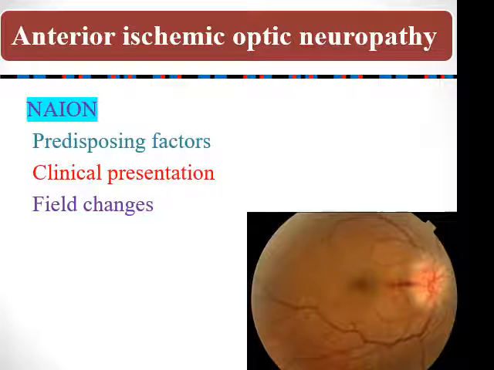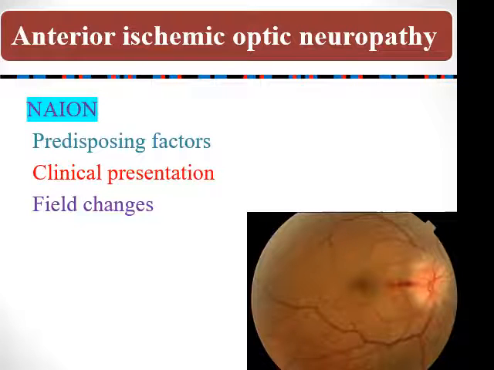Hypertension is a very common predisposing factor for non-arthritic anterior ischemic optic neuropathy. Diabetes, collagen vascular disorder, and sudden hypotension are among the risk factors.